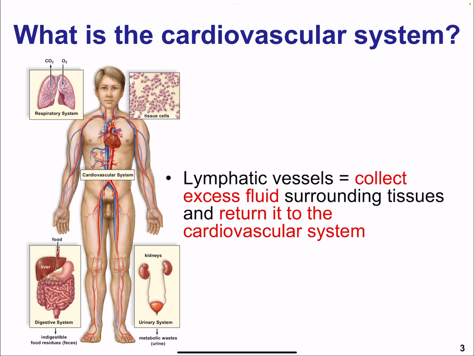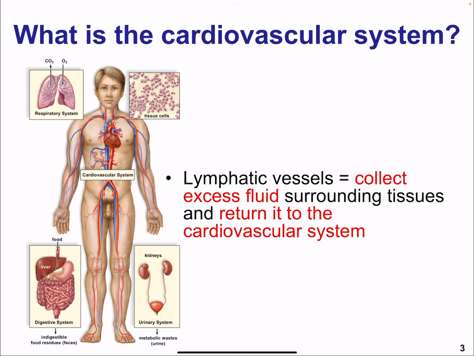So the cardiovascular system is going to take waste, right? The food we ingest is digested through our digestive system. The nutrients are absorbed and carried by the cardiovascular system, while anything that is not digestible is going to be released in the feces.